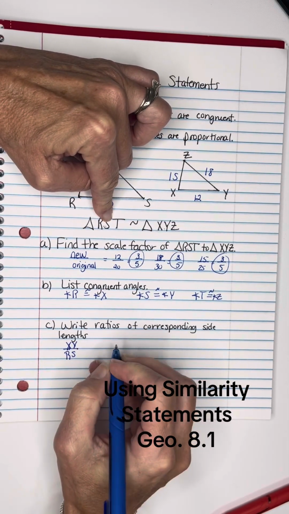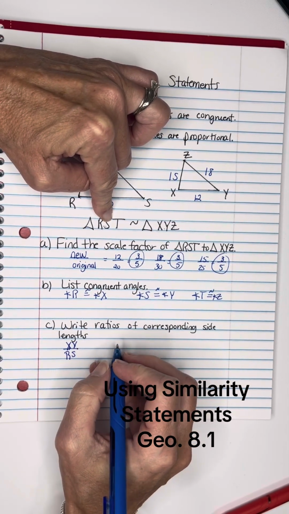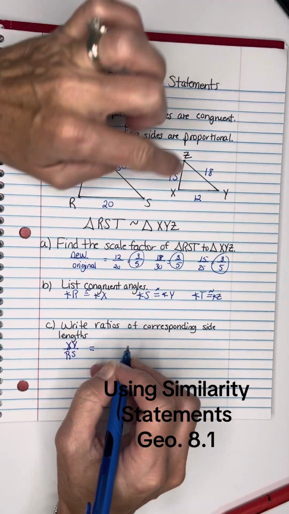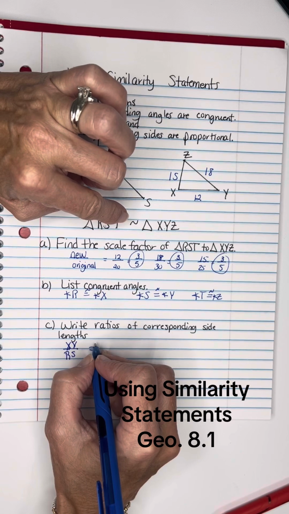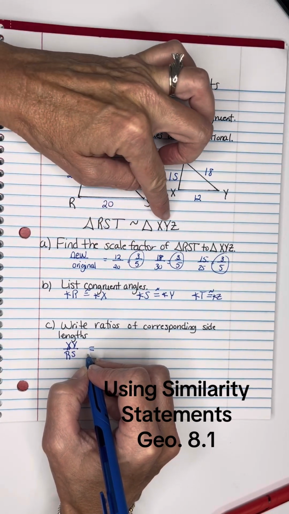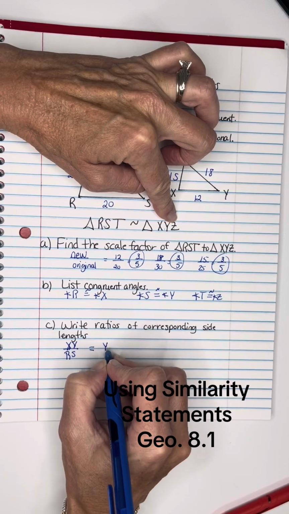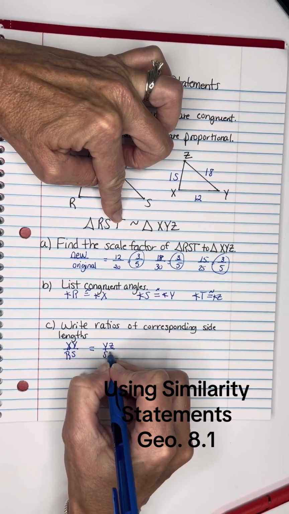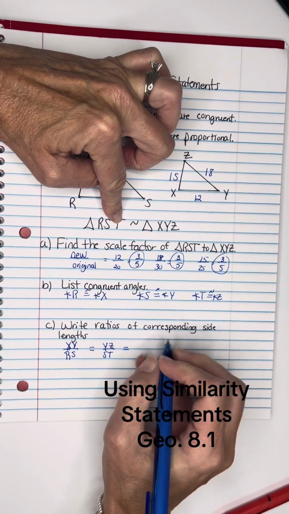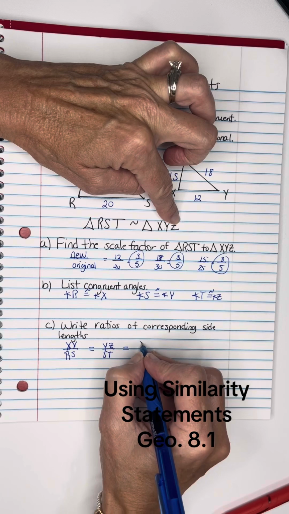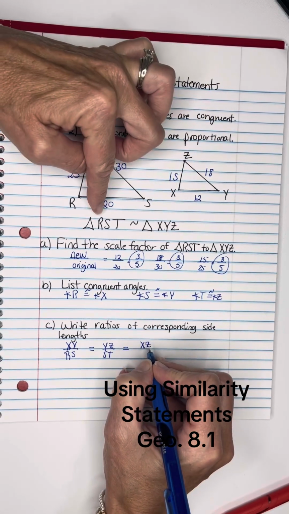So those are going to be congruent, or let's just say equal. They will be equal to, let's do YZ. That's the second and third one, so let's do the second and third one over ST. And that will be the same size as XZ, who is in the same place as RT.